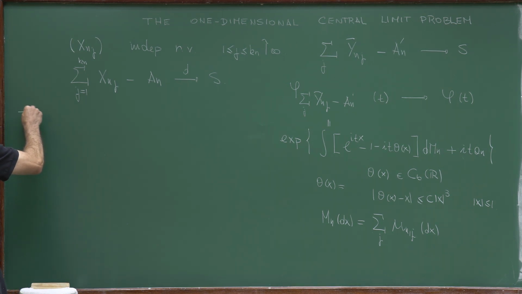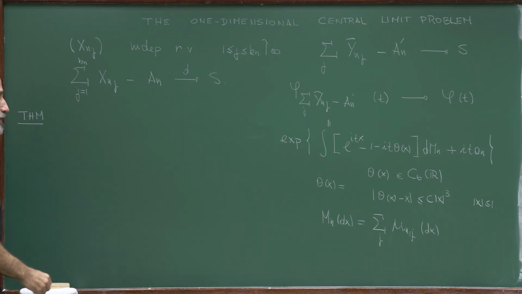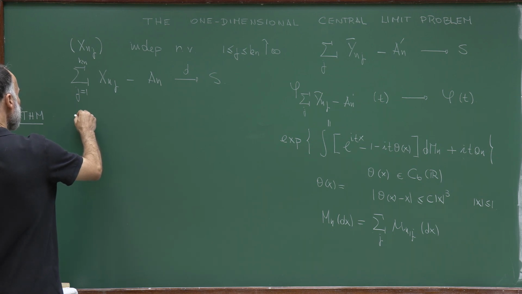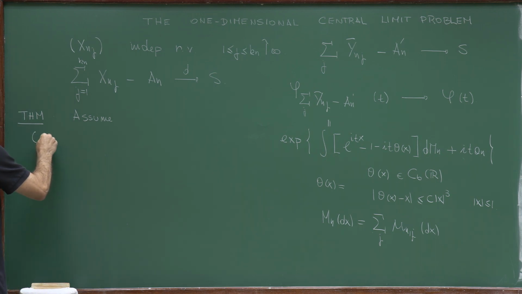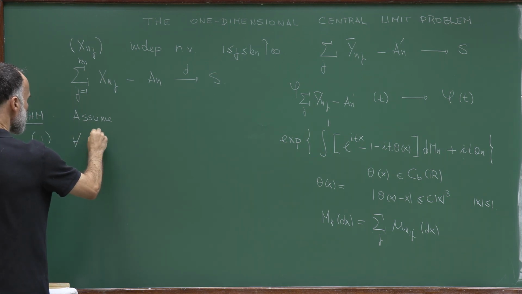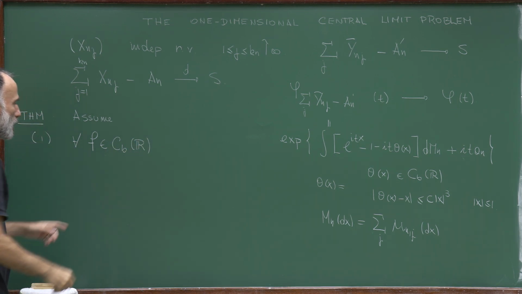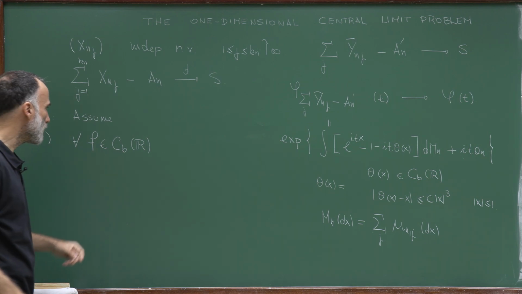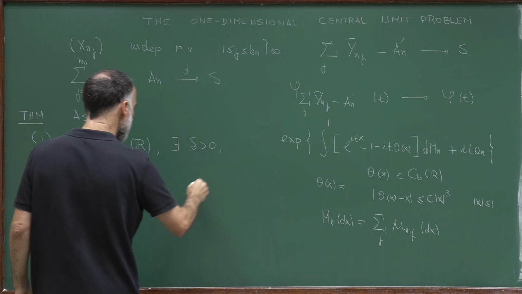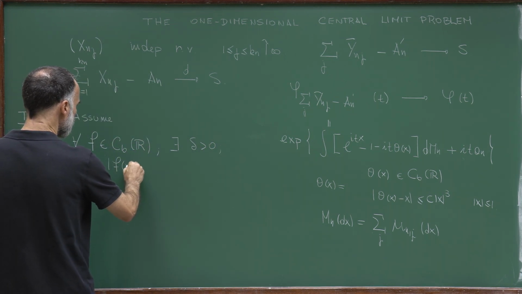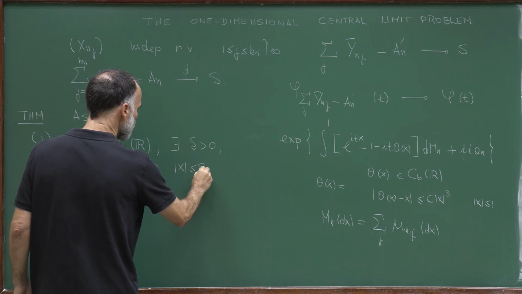So let me try to state it here. The theorem says the following. Assume that the following three conditions hold. The first one is that for all functions f in C_b(R), which means the function is continuous and bounded, and such that there exists a delta strictly positive such that f(x) is equal to 0 for |x| less or equal than delta.